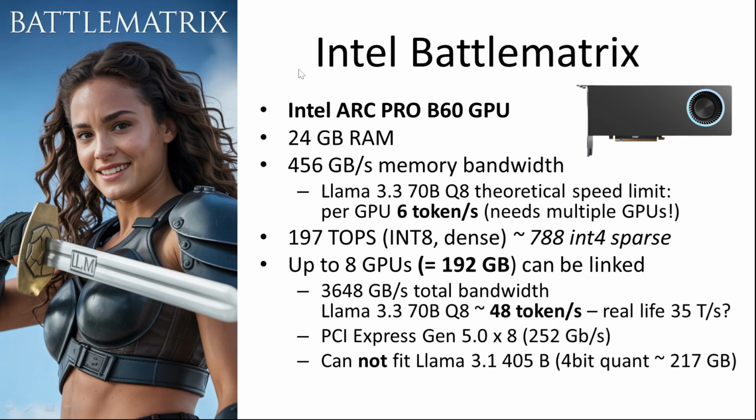We're talking about the Intel Arc Pro B60 GPU in particular with 24 gigabytes of RAM. It has 456 gigabytes per second of memory bandwidth. Again, I retract my earlier comment about comparing this to the A6000. Actually, the A6000 has much higher bandwidth, 1792. We will get to it later in this presentation.